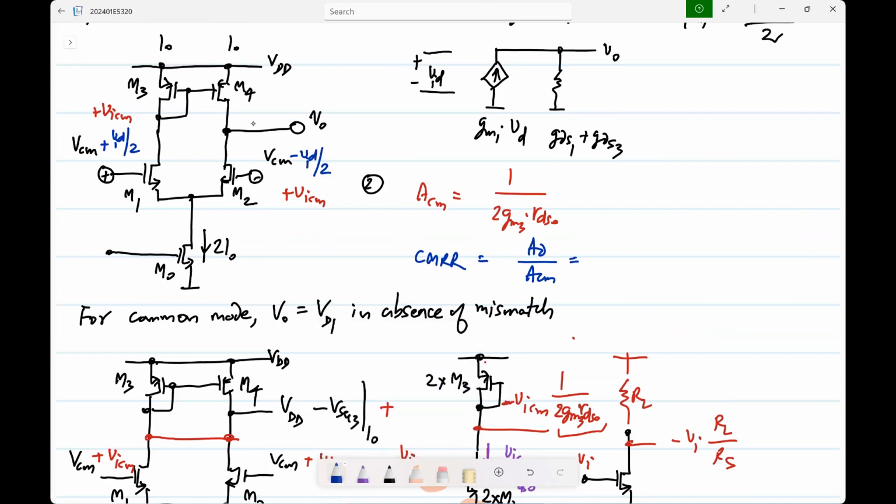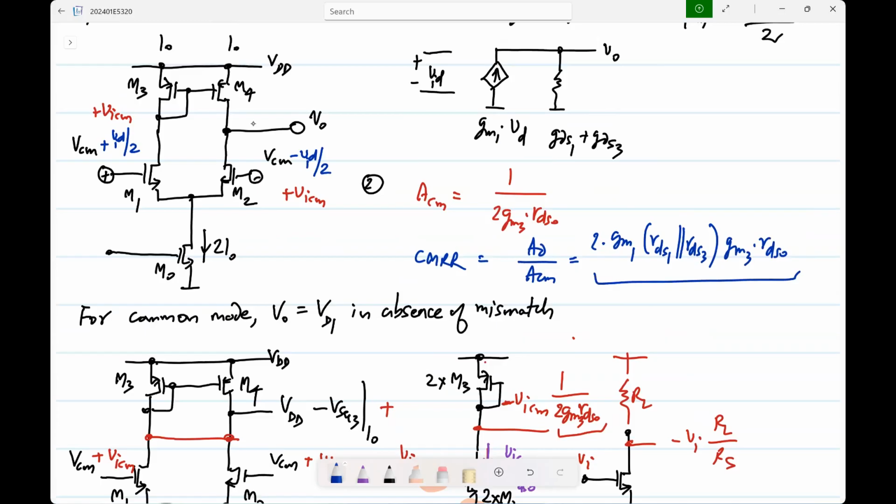You will see that it is the ratio of these two: GM1 times RDS1 parallel RDS3, which is the differential gain, times 2 GM3 RDS0. So this is actually a substantial common mode rejection. If the differential gain is of the order of a few tenths, the common mode gain is the reciprocal of that, of the order of 1 by 10 or something like that. So the common mode rejection is very high.